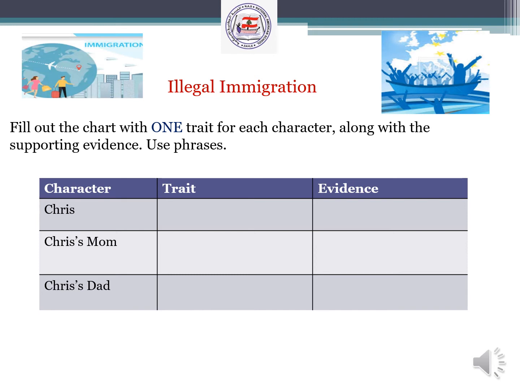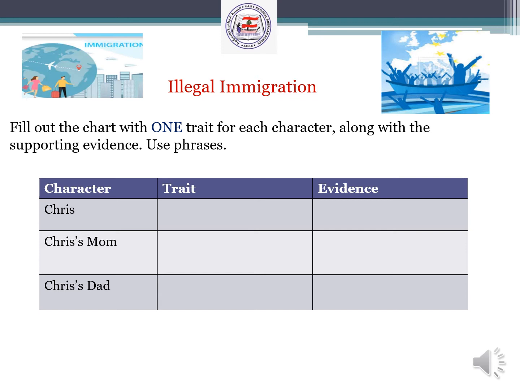Direct characterization is when a writer makes direct statements about a character's personality and tells the reader what the character is like. Whereas indirect characterization is when a writer reveals information about a character's personality through the character's words, actions, and thoughts, along with other characters' responses to that character.